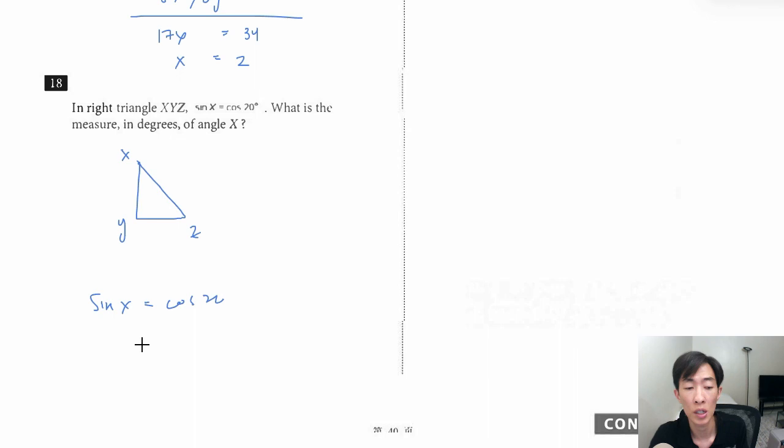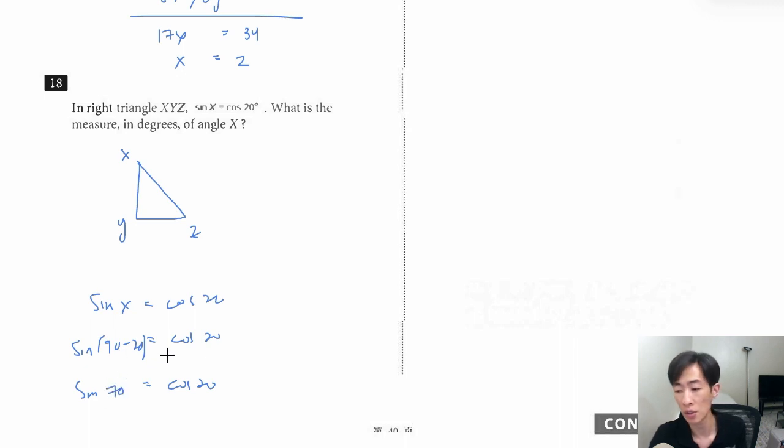What you should have memorized is that the sine of any angle is equal to the cosine of its complement. So what does that mean? Cosine of 20 is equal to the sine of its complement, which is 90 minus 20, because complementary angles add up to 90. So cosine of 20 is going to always be equal to the sine of 70.